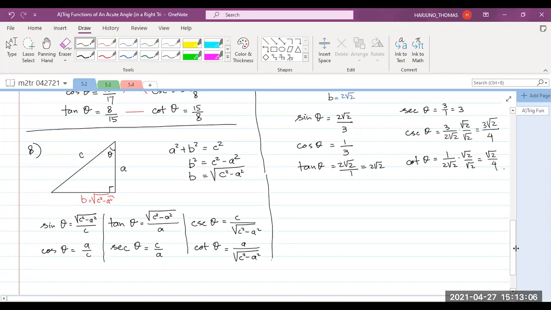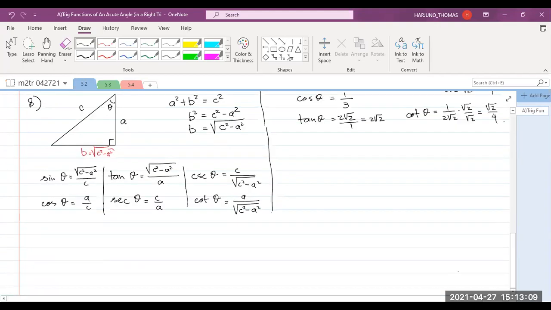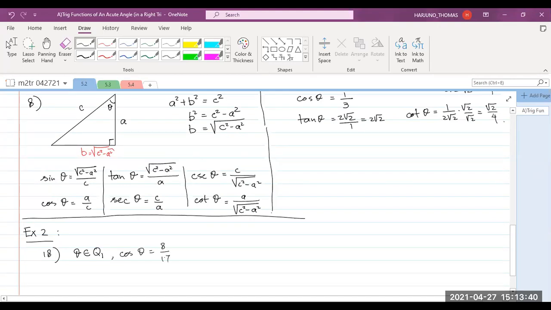Now, suppose we are given the following situation. For example, the second group of examples, suppose we have number 18. They say that theta is an acute angle that is in quadrant 1. That's actually a short way to say theta is an acute angle. It is in quadrant 1, and cosine theta is 8 over 17.